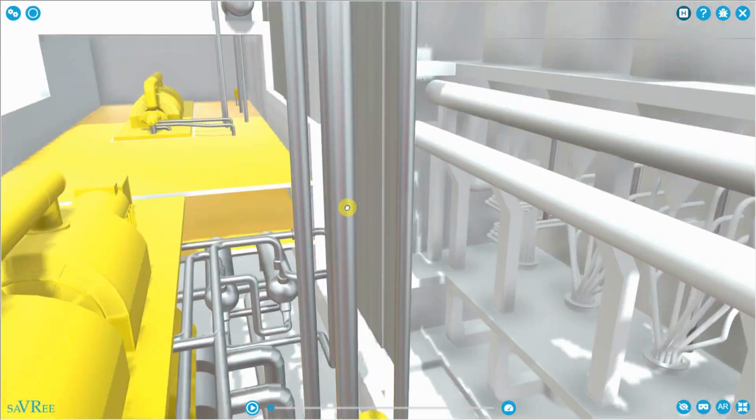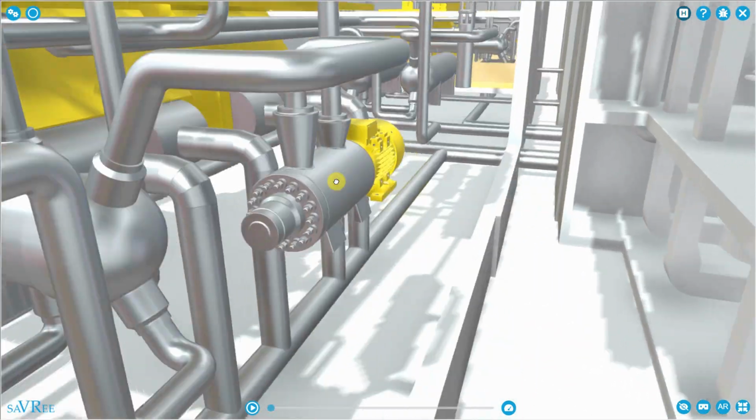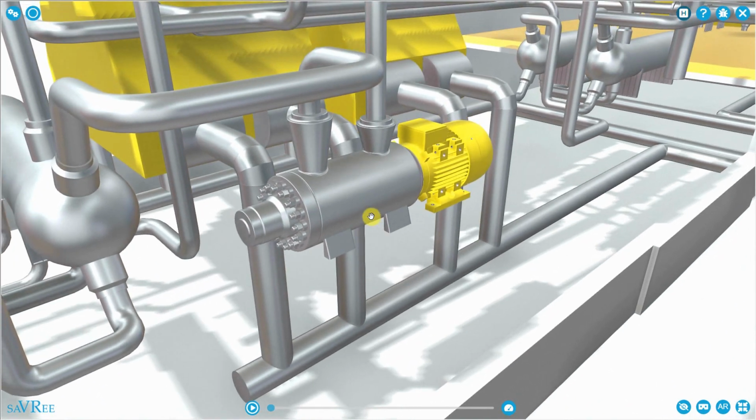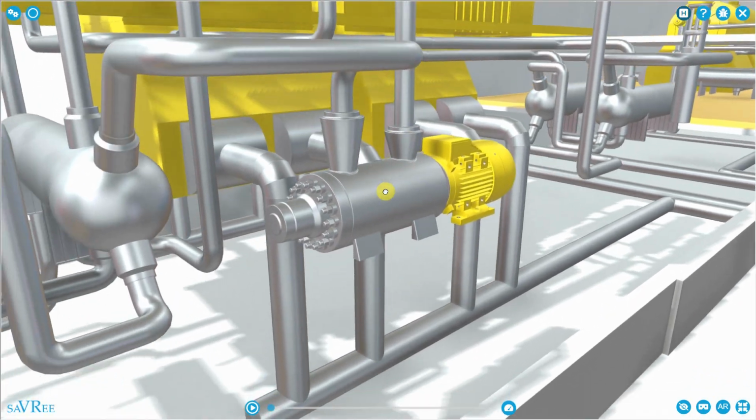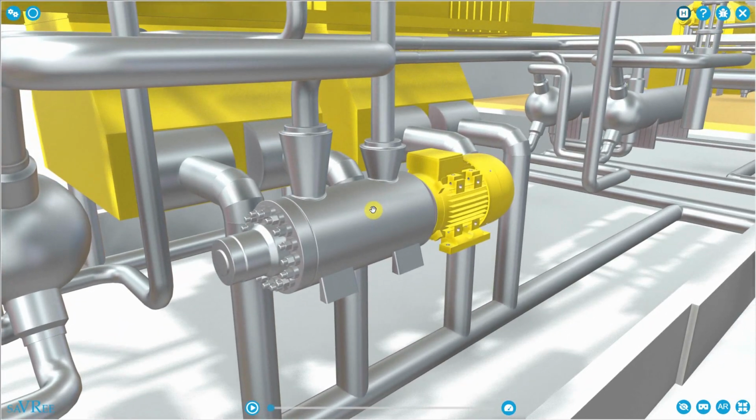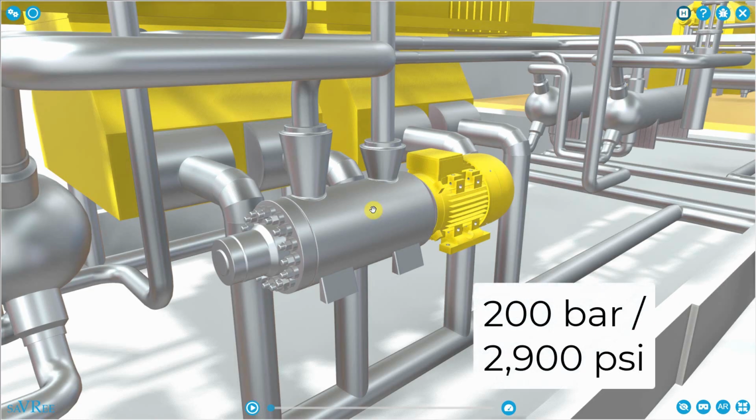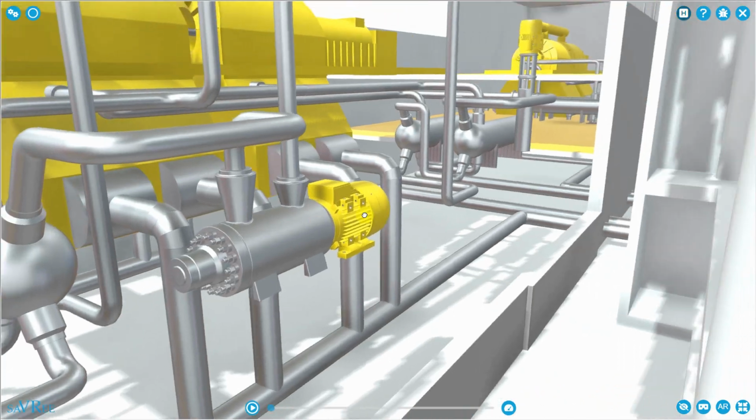If we go down from the deaerator, you can see that we've got a pump. This type of pump is a multi-stage centrifugal pump, and we're going to use it to increase the pressure of our boiler feed water. The pressure you're going to increase it to really does depend upon the boiler design. I'm going to say here about 200 bar, which is about 2800 psi, but keep in mind every boiler design is slightly different.